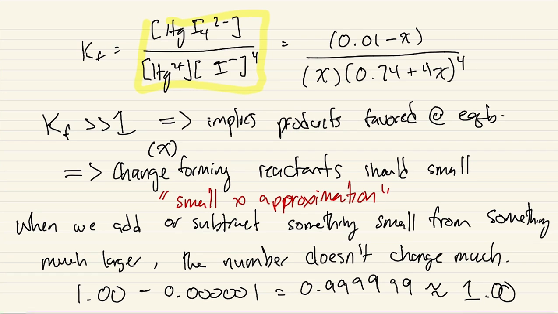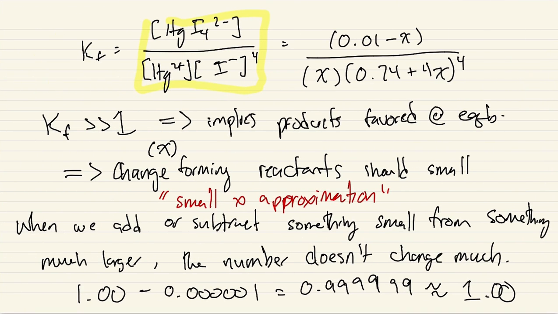I'll give you guys a second to finish writing, and then we'll take a break. All right, this is what we're doing when we're assuming that x is small here.